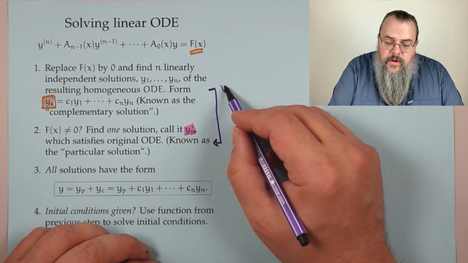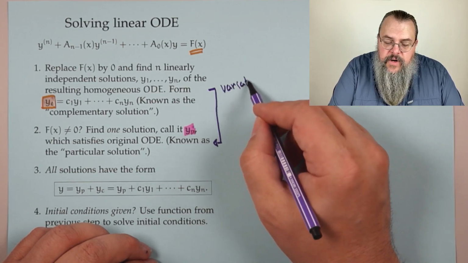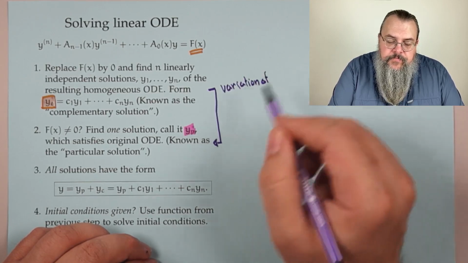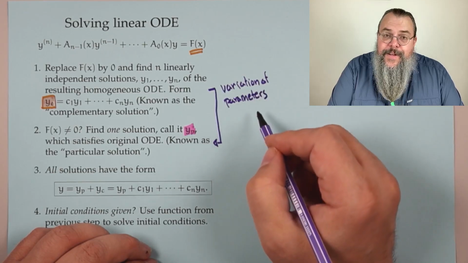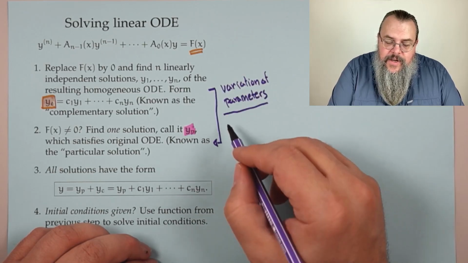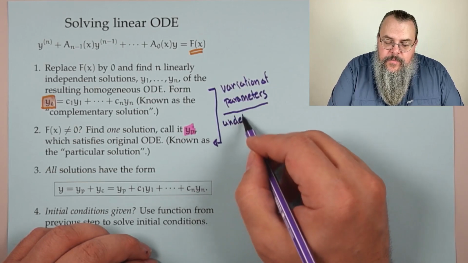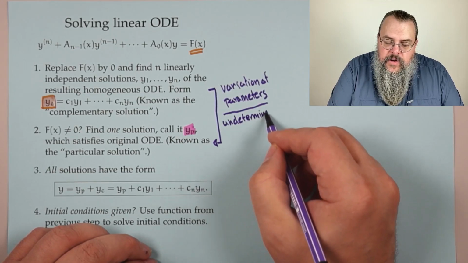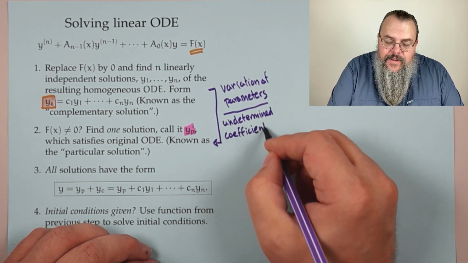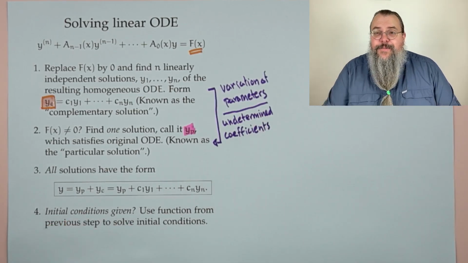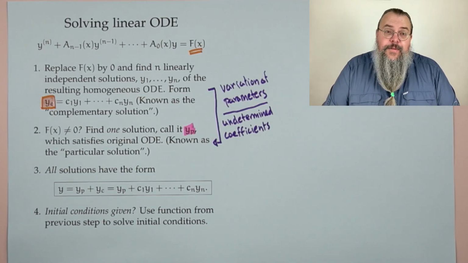One idea is called variation of parameters, which is a fun idea. But of course, the other idea is called undetermined coefficients, or as I might call it, the method of making a really good guess. And we'll explain what that means when we get to that.